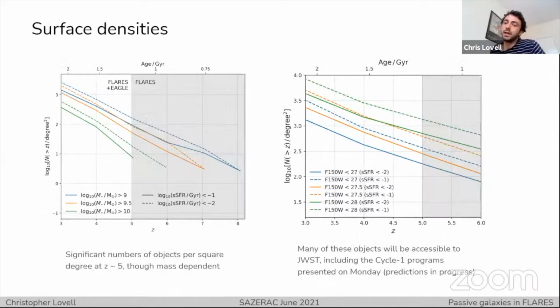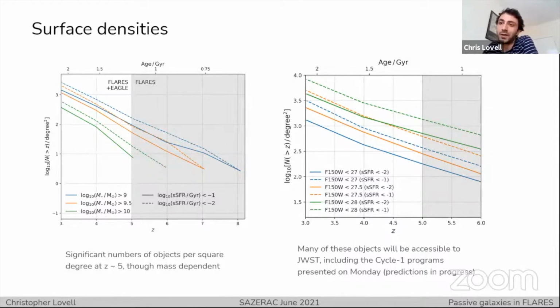So using the SPS and BUSES modeling from Ashwin's work, we can predict surface densities of these things and make predictions for JWST. So on the left, we predict the number of objects per square degree at different redshifts, and for different stellar mass cuts as well. Able to extend it again into the redshift greater than 5 regime.